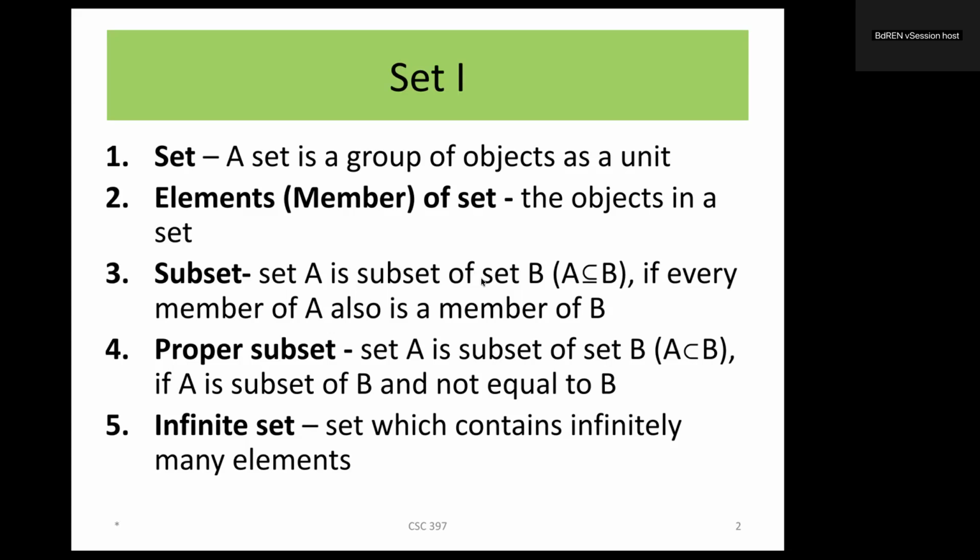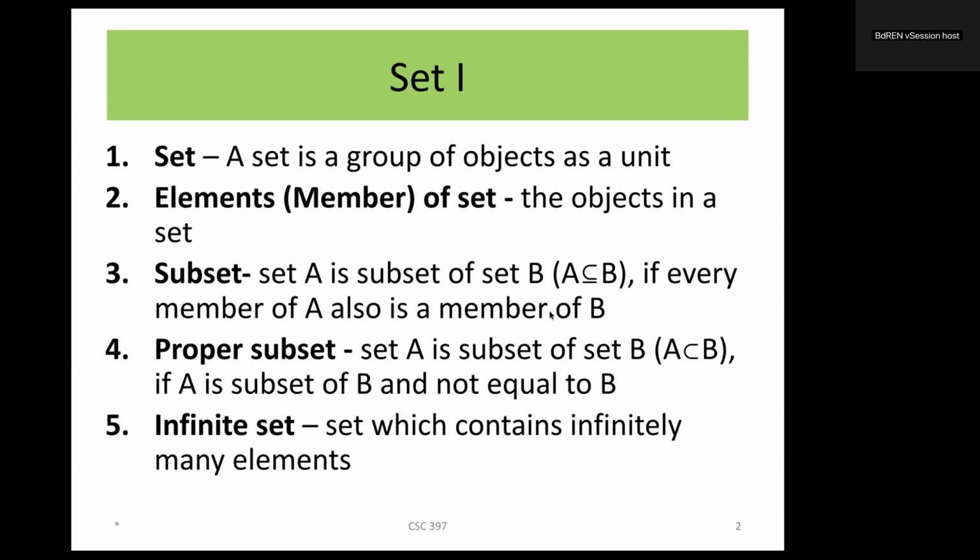Even B is also a subset of itself. So it's a very basic idea. I think you got this. I mean, if every element of A is also present in the B set.